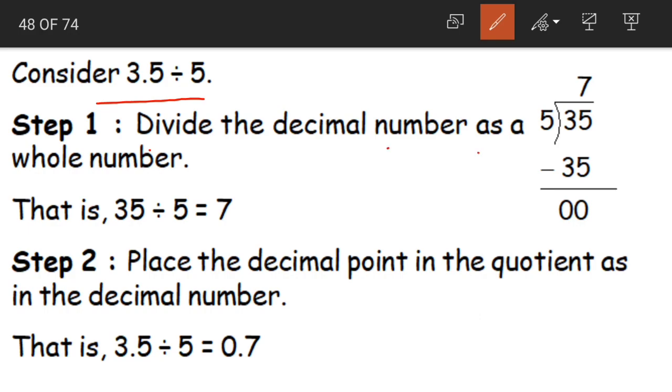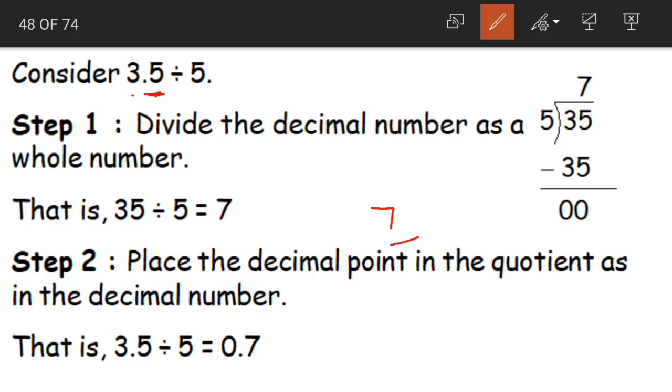If we divide the decimal number as a whole number, that would be 35 divided by 5. We have 5 sevens are 35 and the remainder is 0. Now our quotient is 7. But we have to place a decimal point here. If you look at the numbers, we have only one decimal place.